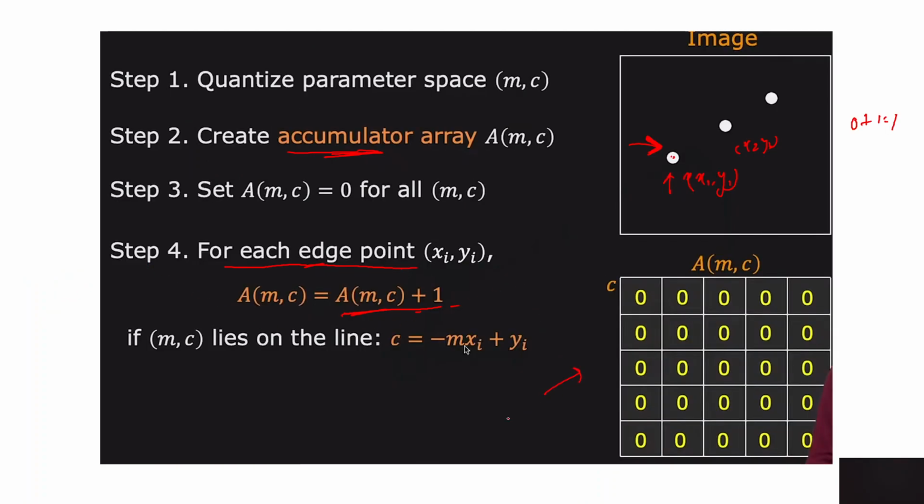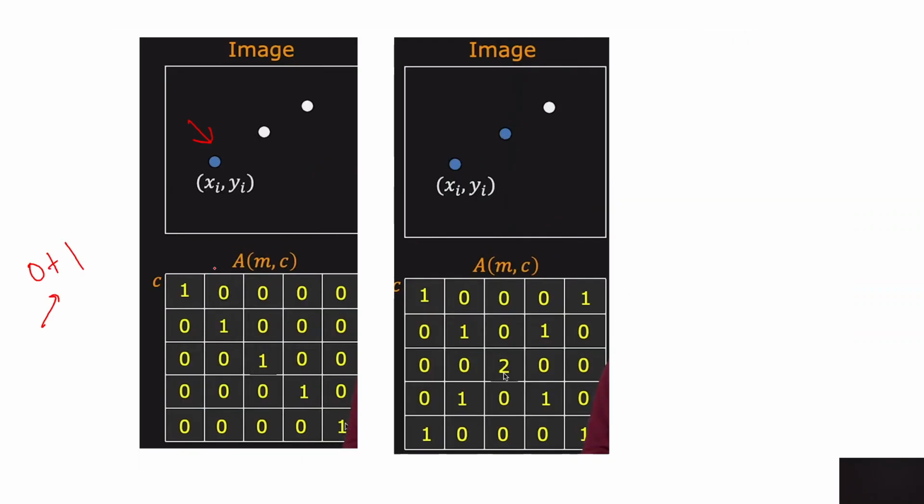This is your parameter space and this is your image space. Every single point should have a line in the parameter space. Whenever we plot this in the parameter space, it gives me these points. So in these points I'll add a value 1. When I added this value, you can see that all these diagonal values are 1.